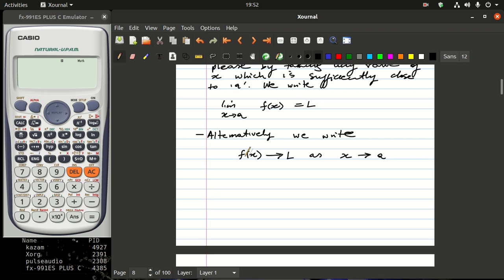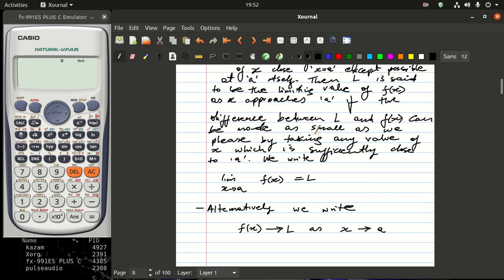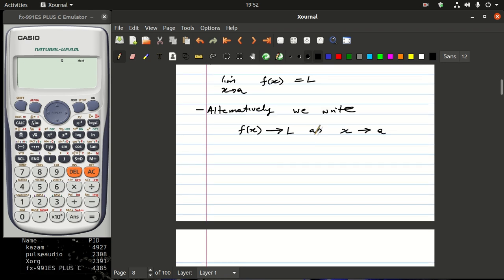Alternatively, we usually say f of x approaches L as x approaches a. This is just all the wording there is to it.